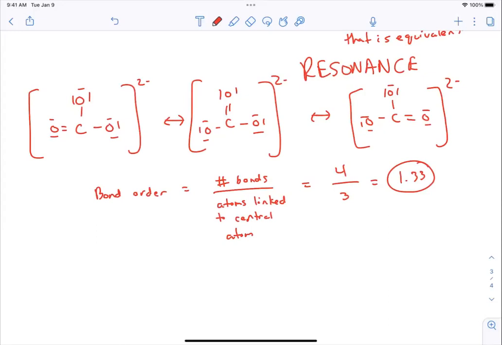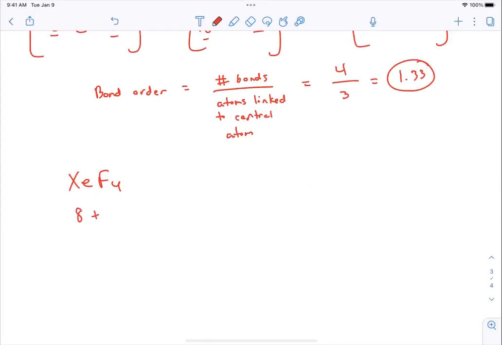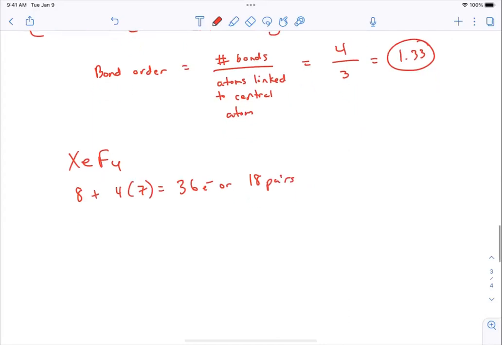Like, for example, if you get something like XeF4, which is a possible structure, xenon tetrafluoride, okay? When you do this, xenon has 8, fluorine has 7. That's 36 electrons or 18 pairs.